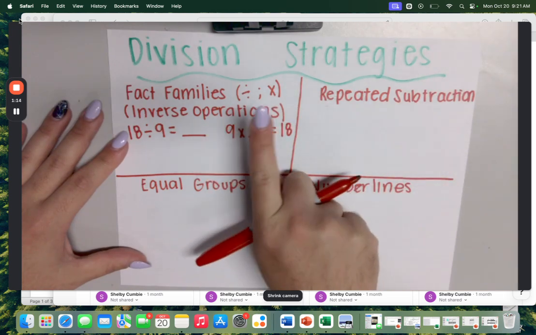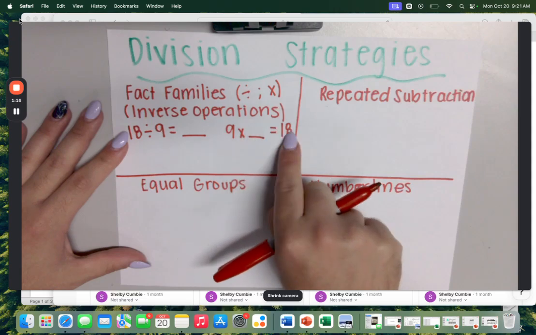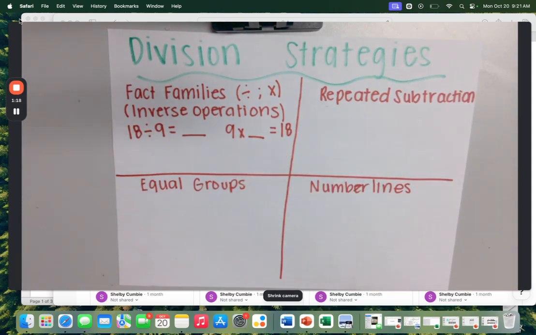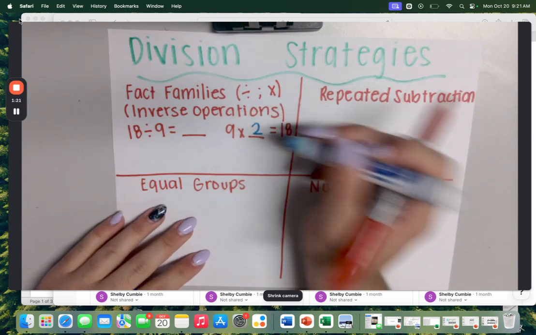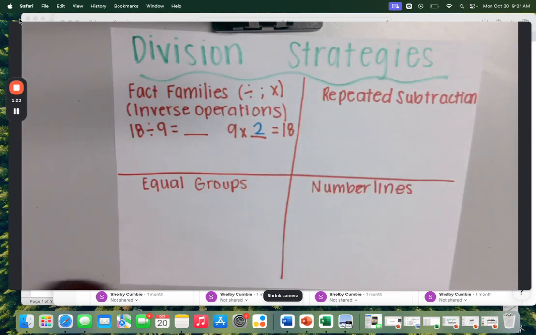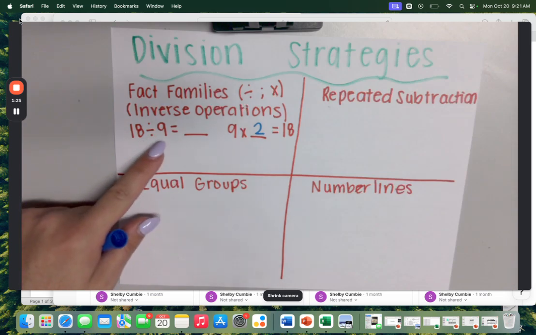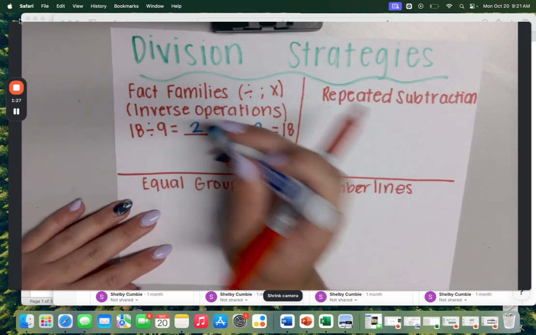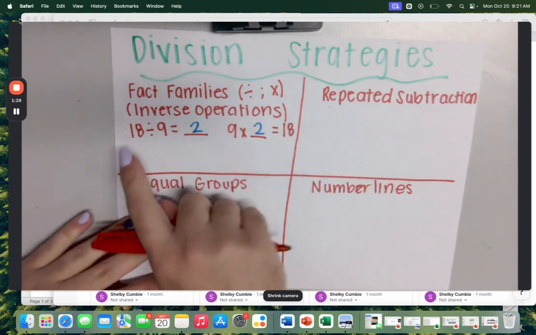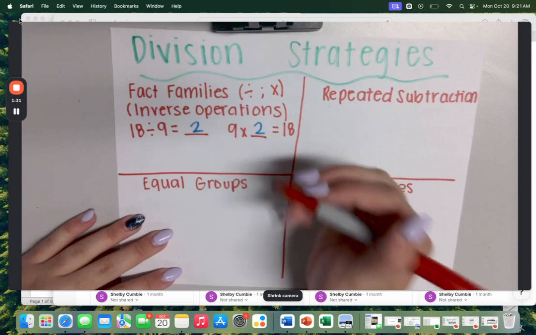I know 9 times 1 is 9, 9 times 2 is 18. So that would mean that my quotient for 18 divided by 2 is 9. And in this example, 18 divided by 9 is 2.